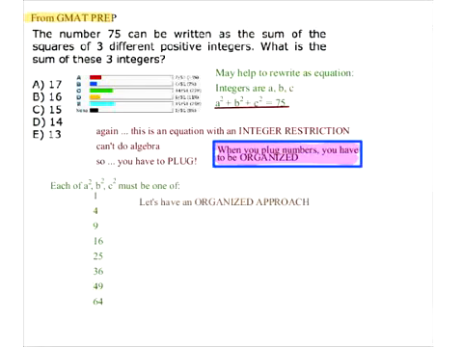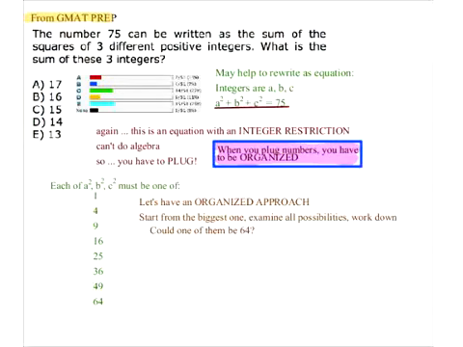How about we start from the biggest one, examine all possibilities, and then work down. So let's say, could one of them be 64?